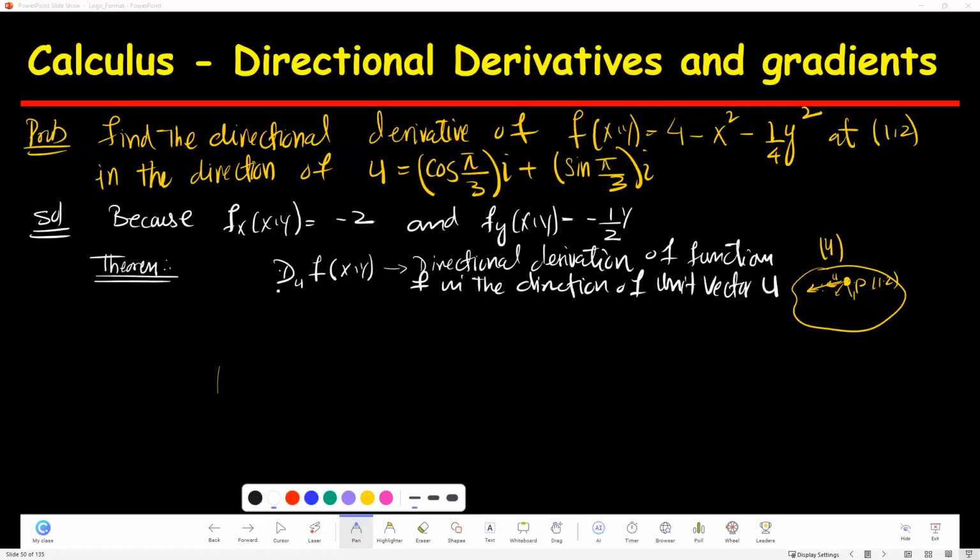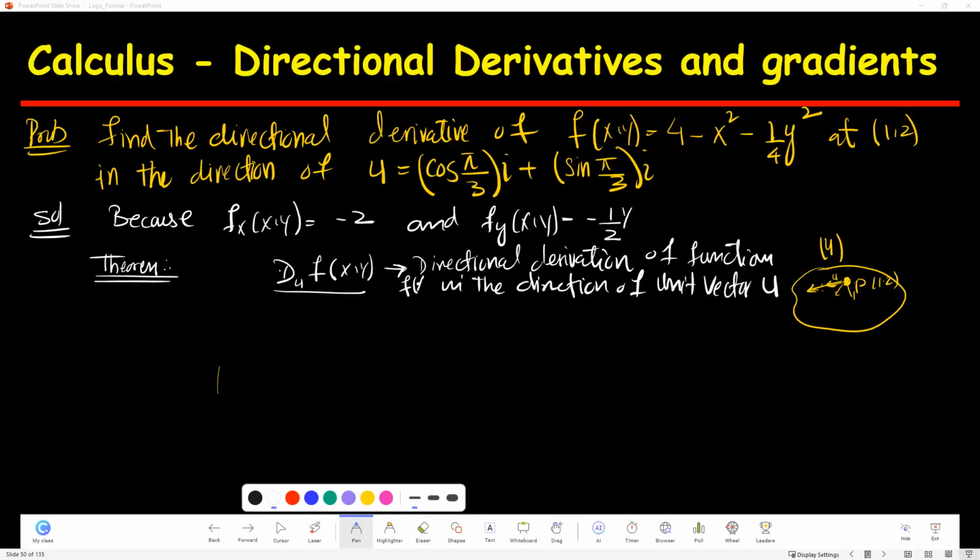This is exactly what it means. Somebody writing it like this, in plain English, that's what they're saying: the directional derivative of a function f(x,y) in the direction of a unit vector u.